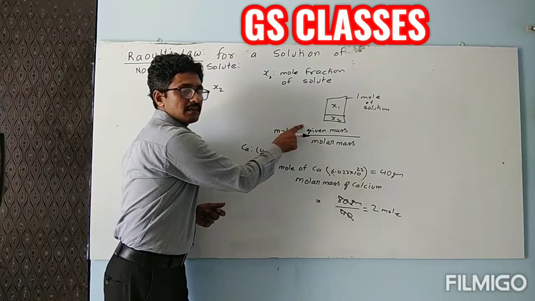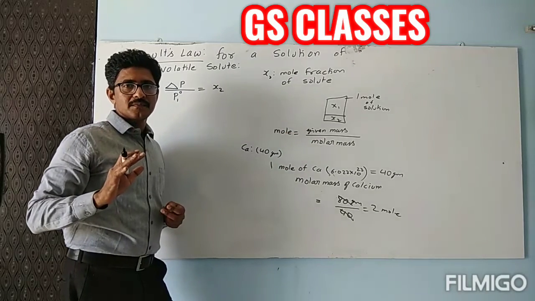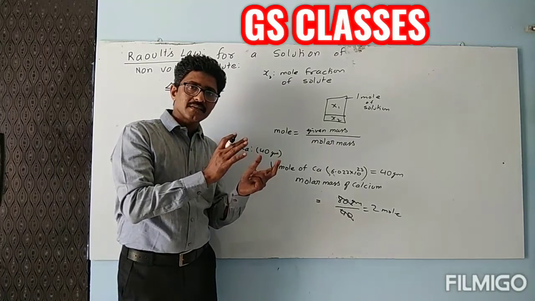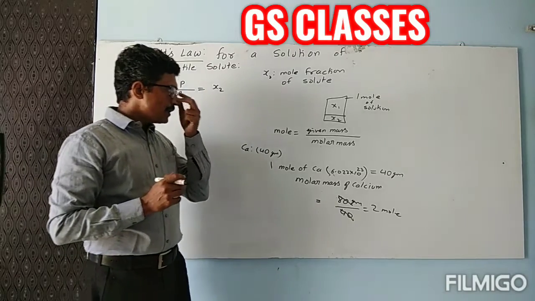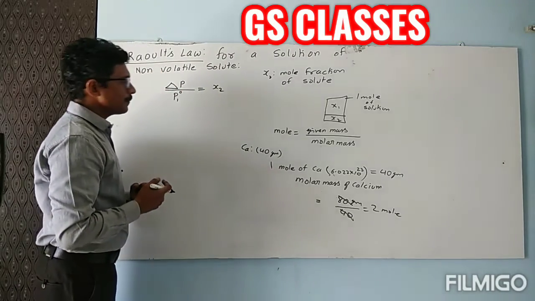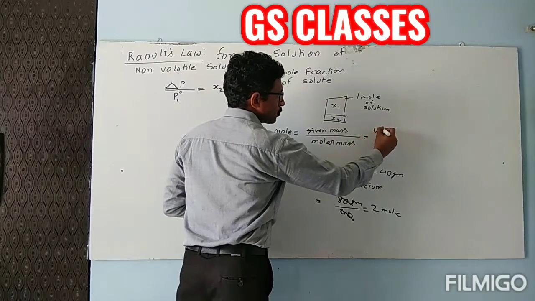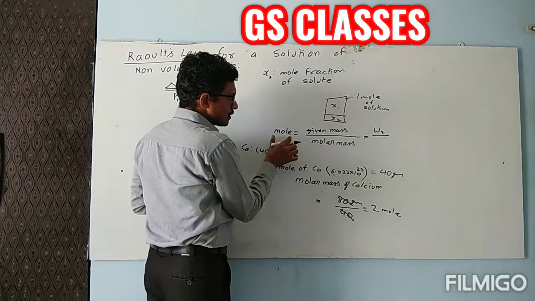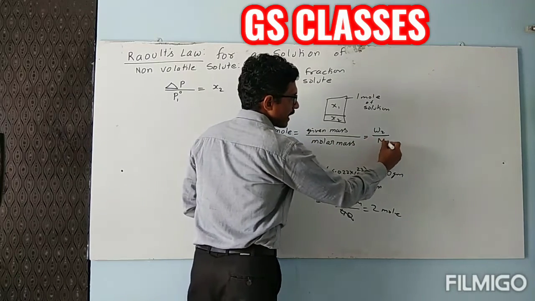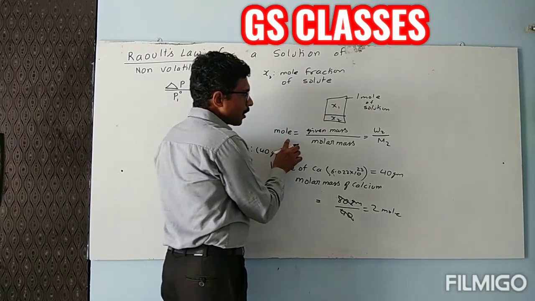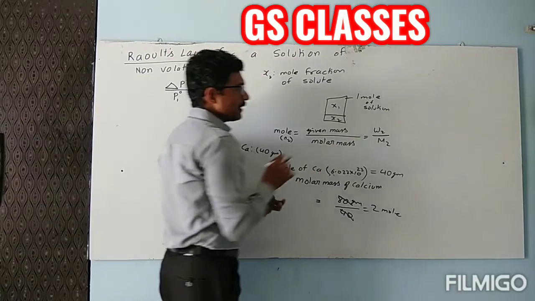Given mass divided by molar mass. Now children, this concept we are going to use throughout this chapter. Suppose mass of the solute is W2, its molar mass is M2. So number of moles, number of particles, say N2, is given by W2 upon M2.